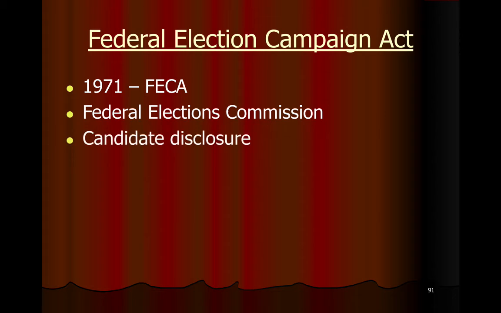So this FEC was created in the 1970s, and it created these candidate disclosure forms. Candidates who are running for federal office have to disclose where they're fundraising their money from, so where the money came from, and then how they're spending it. This is to make sure that federal elections are not getting money from unauthorized places and that they are spending their money on appropriate and legal ways of campaigning.